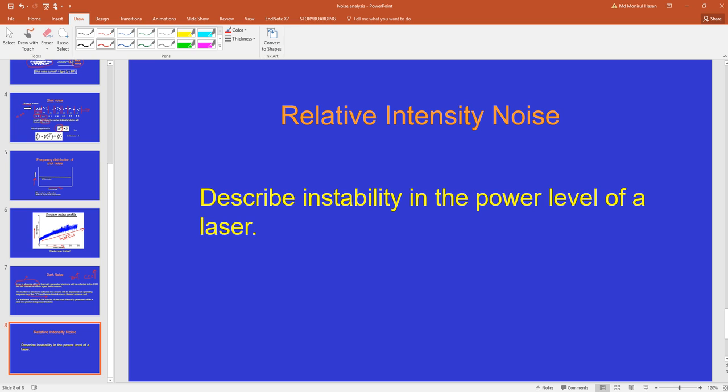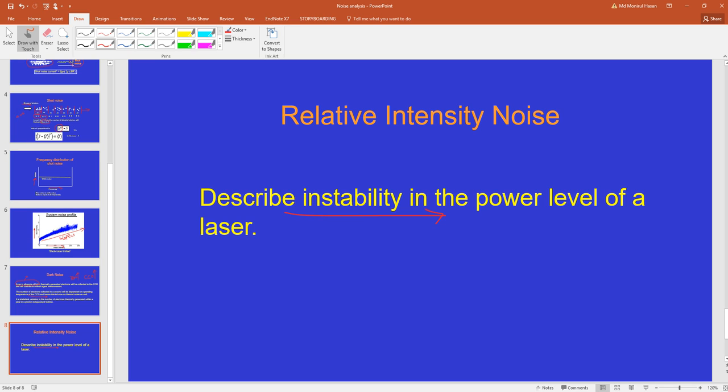There is another type of noise called relative intensity noise. It's mainly due to the instability of the laser. If the laser fluctuates, this noise will be high, and this is not a good noise.